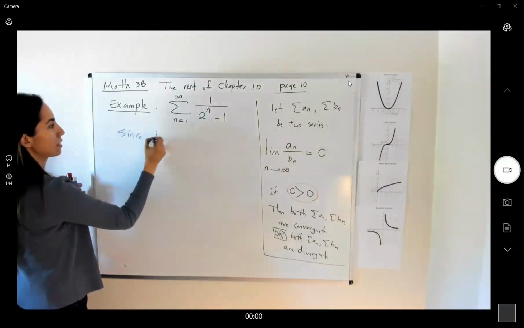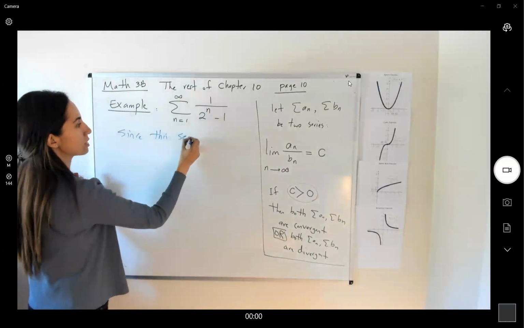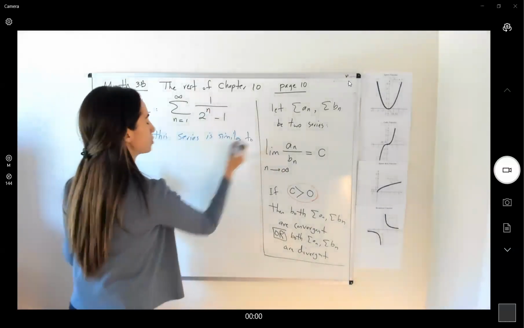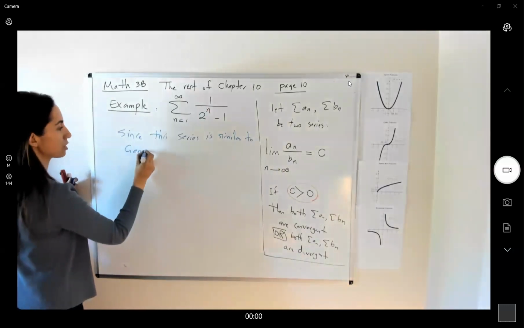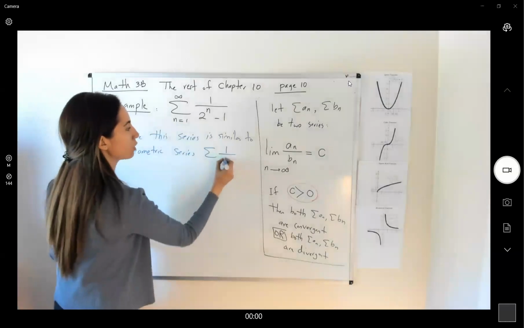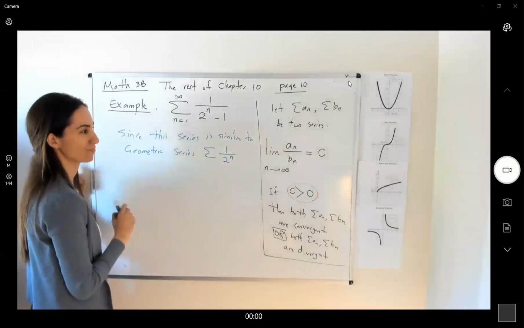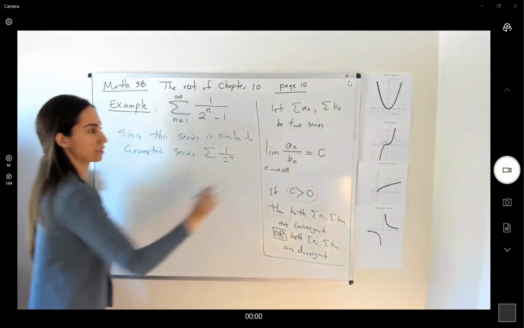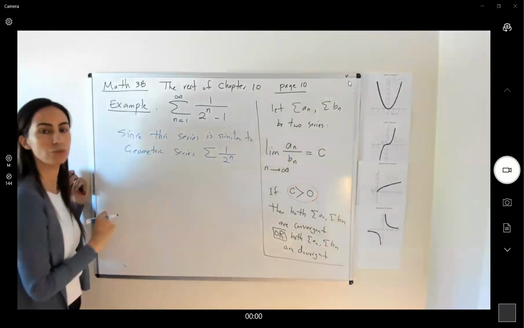Since this series is similar to geometric series 1 over 2 to the n, I'm going to use this limit and compare these two series.